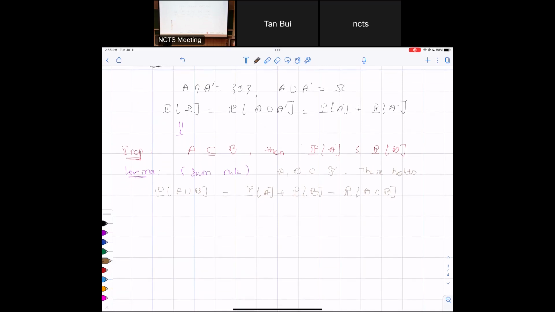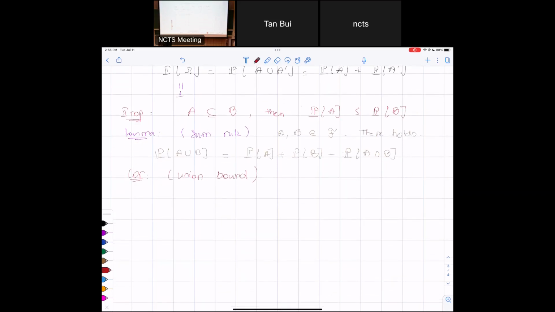But the key is this corollary. The corollary is super important, everybody. It's called the union bound. If you do statistics a lot, and machine learning, if you do really mathematical machine learning, one of the bounds that you use again and again to prove many results, especially in non-asymptotic statistics, which I do quite a lot in my research as well, is the union bound, right?